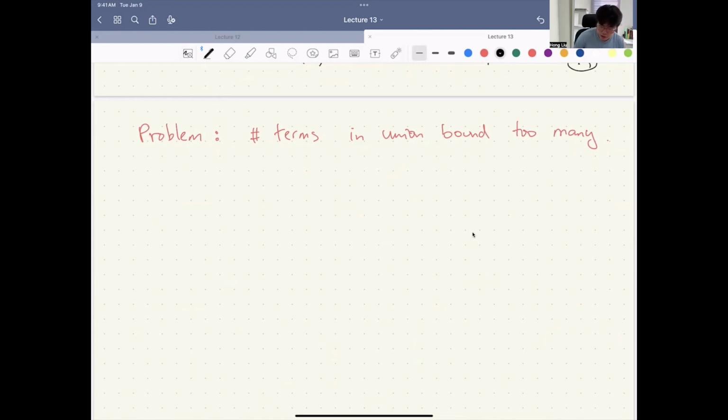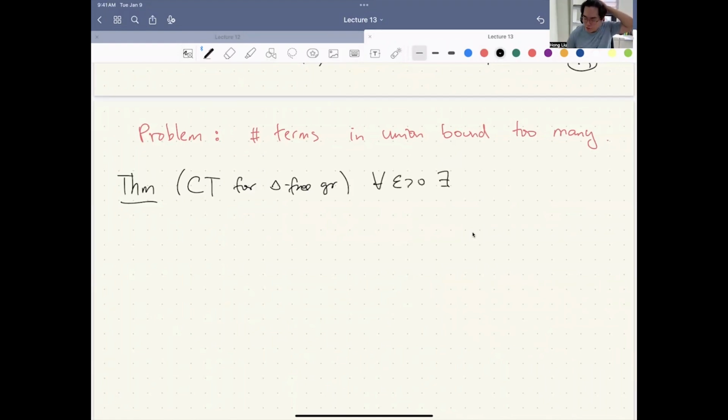So let's recall the container theorem for triangle-free graphs. For every epsilon, there exists a C depending only on epsilon such that the following holds.